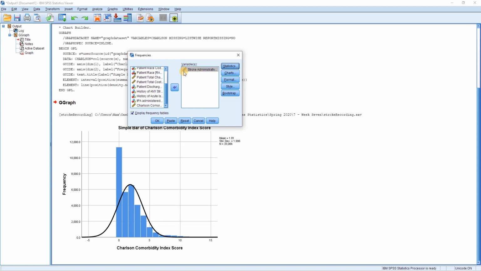So I don't actually know off the top of my head what the range of these values are, I should say. So I could end up with a giant frequency table or a fairly small frequency table. But in this case, because I'm just interested in skewness and kurtosis, you can go ahead and turn the frequency table off.